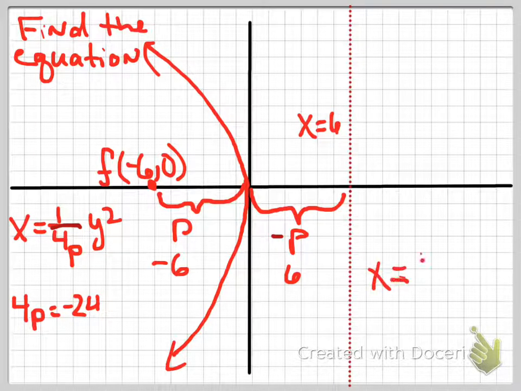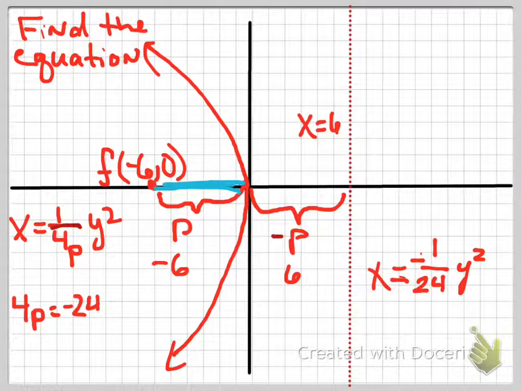Then my formula is just 1 over negative 24, or negative 1 over 24 y squared. That's it. All you have to do is find the distance from the center to that focus, and multiply by 4, and that becomes your denominator.